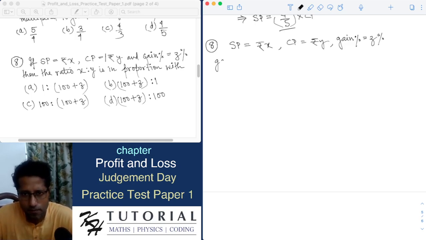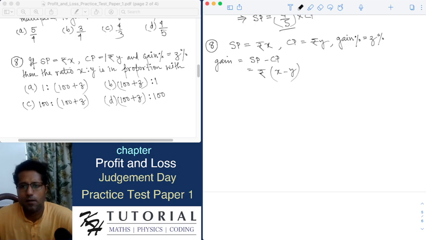So let's find what is gain. Gain equals Sp minus Cp, which is rupees X minus Y, because Sp is rupees X and Cp is rupees Y.